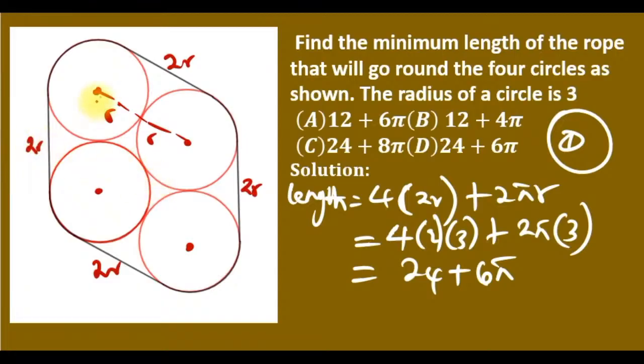by joining their centers. So coming to this, it is just the circumference of this circle. Yes, because we've gotten the straight part of the rope, so the curved part now is the circumference of the circle.